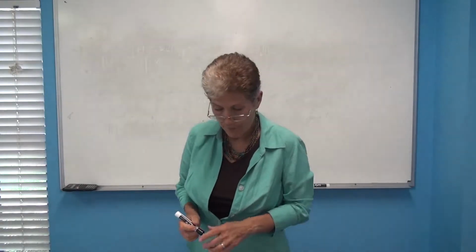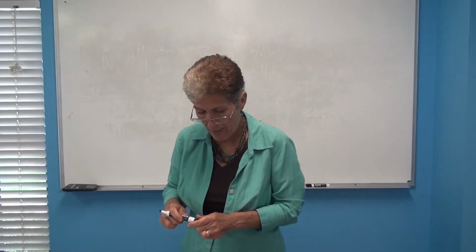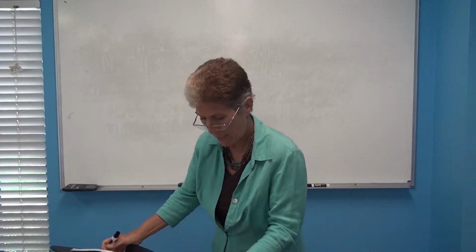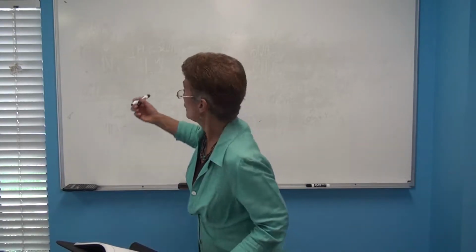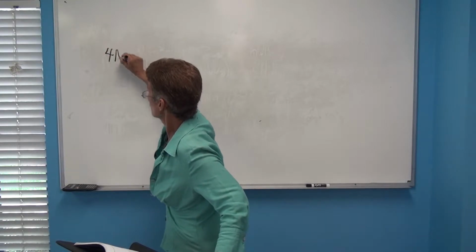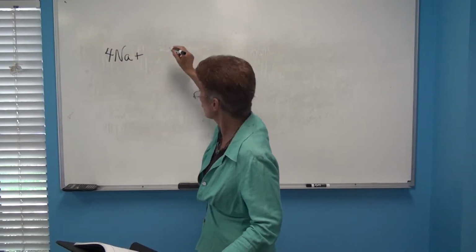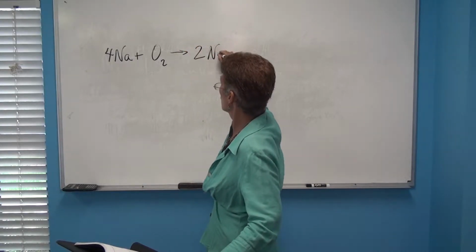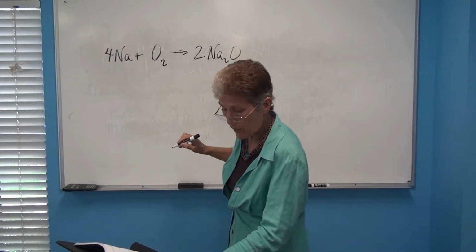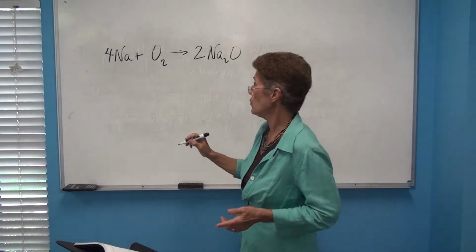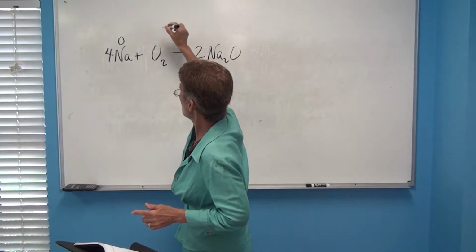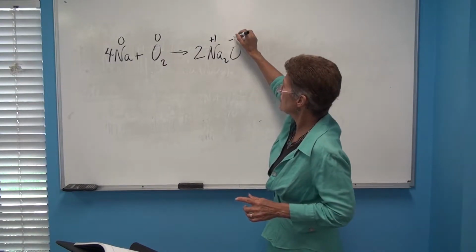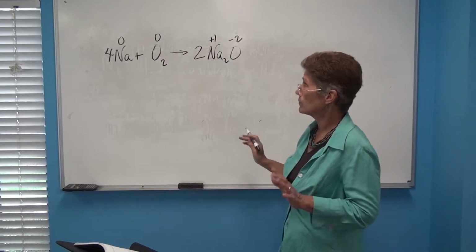Number 4. For each of the following reactions, indicate the atoms being oxidized, the atoms being reduced, and the oxidizing agent and the reducing agent. First we need to find their oxidation numbers. This is going to be 0. This is going to be 0. But this is going to be +1, and this is going to be -2.